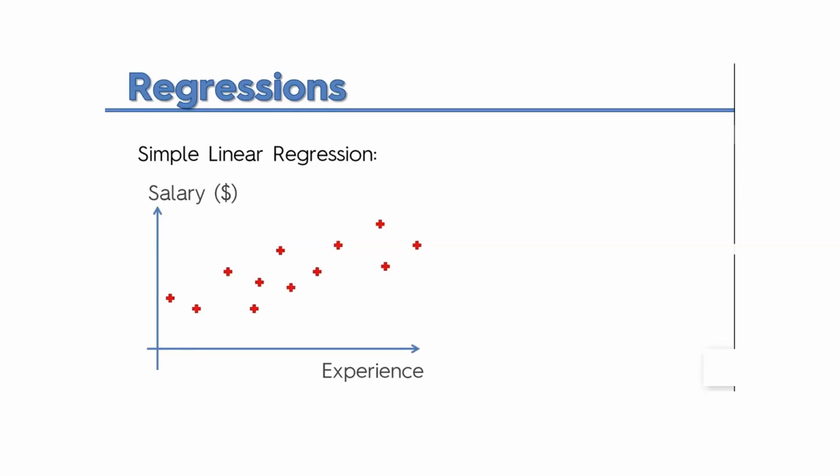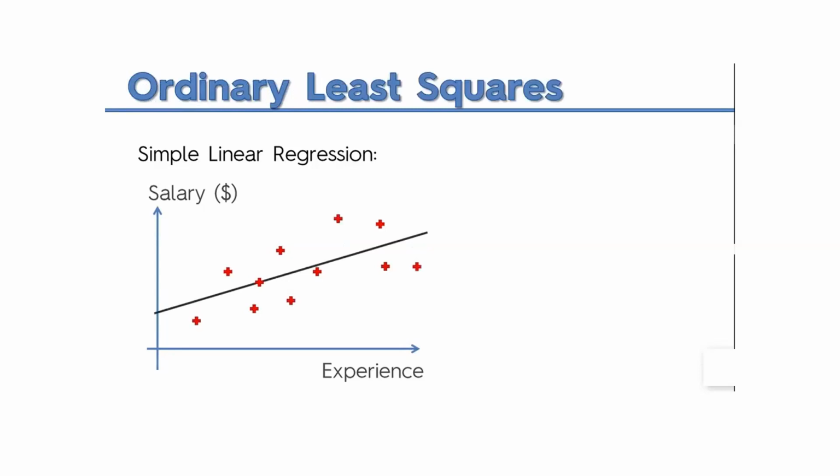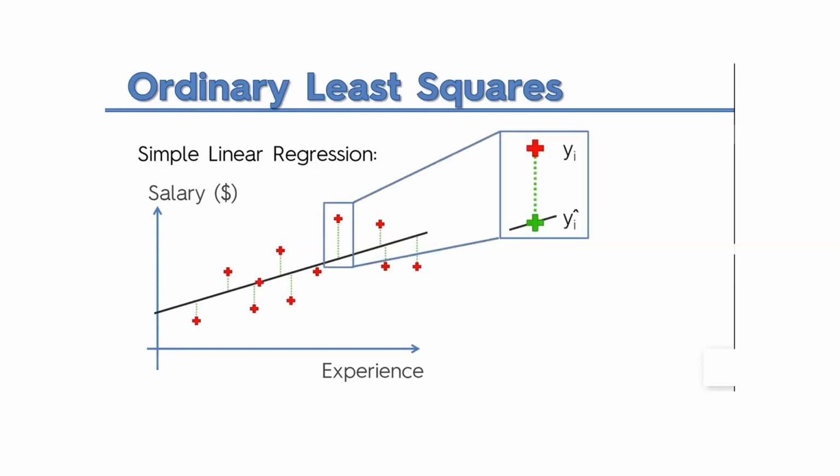So back to the salary and the experience of a few employees we have taken. And imagine we have somehow come up with, or we have drawn, a random line. Imagine you're drawing this manually. That is the first step. The second step is the red mark versus the green mark. From each of the points we are projecting onto the line.